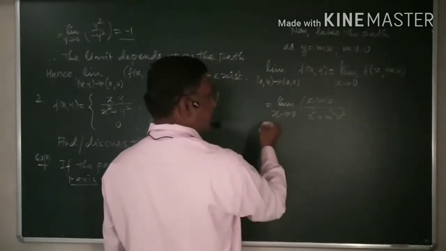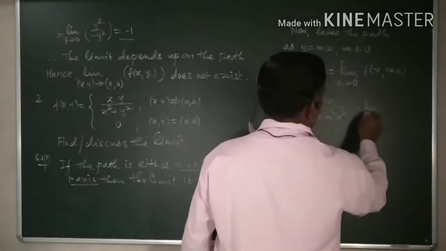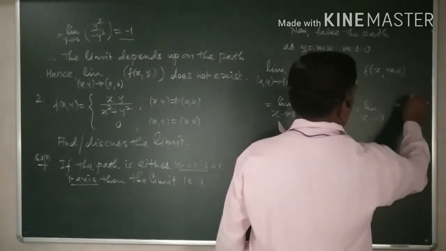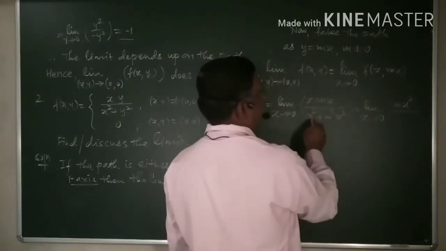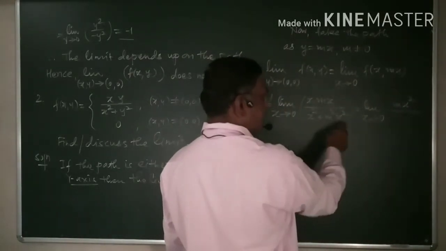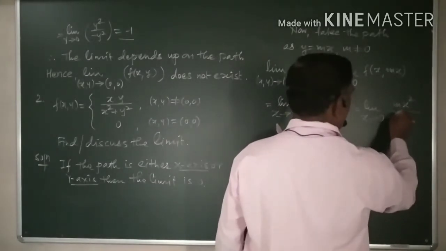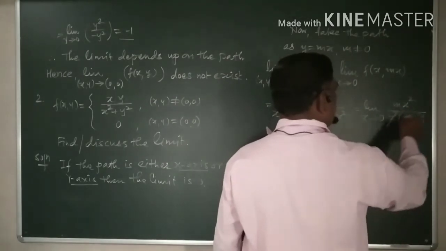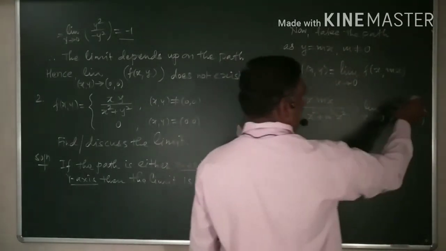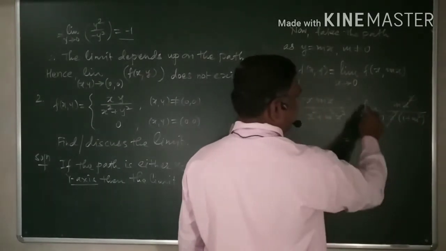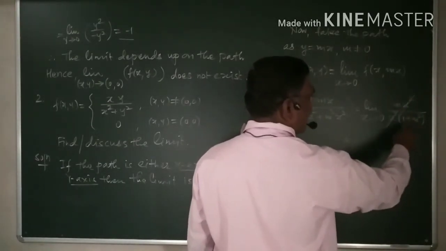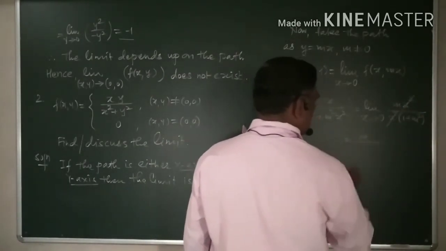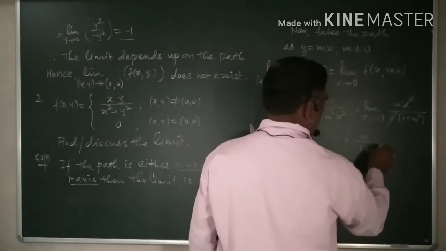This is equal to the limit as x tends to 0 of m x square upon x square common, 1 plus m square. Therefore x square cancels, and we get the limit as x tends to 0 of m over 1 plus m square, which does not contain x, and therefore its limit is m over 1 plus m square.